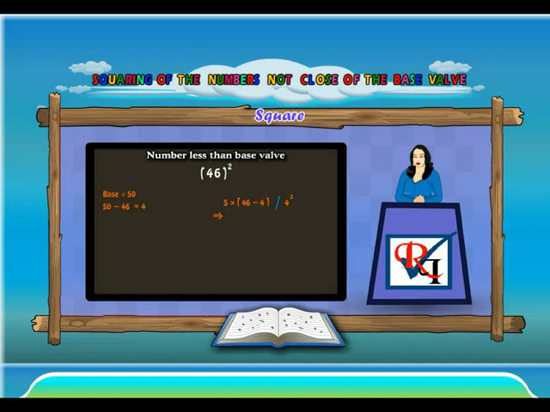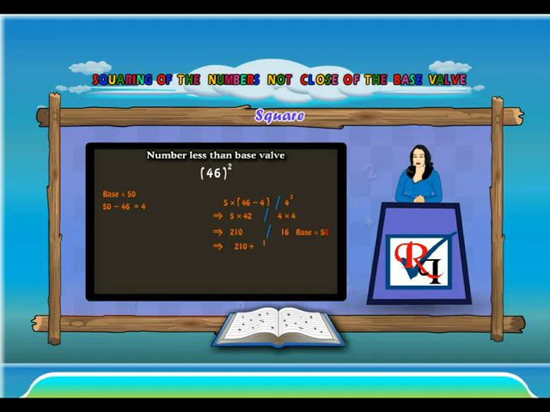Now in the next step, 5 into 46 minus 4, that is 42, and the square of 4 is 16. So what we get is 5 into 42, that is 210, and 16. But as we know, our base 50 contains only one zero, so we need only a single digit on the right side of the separator, that is 6.